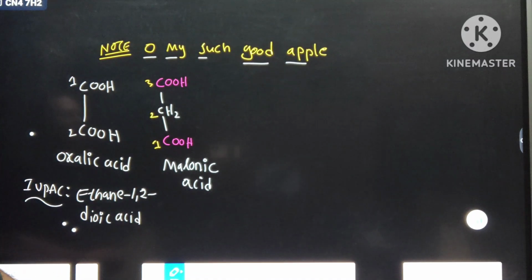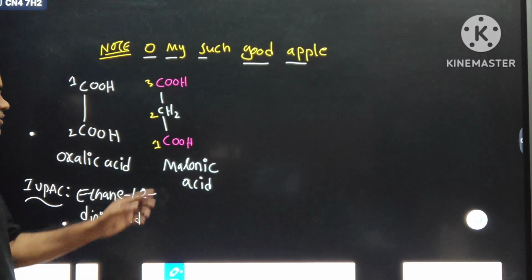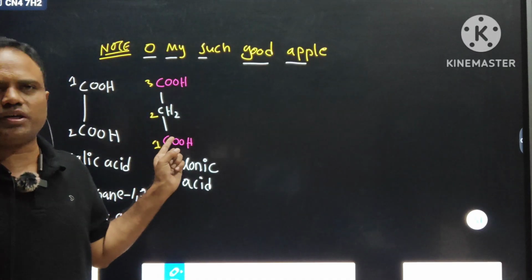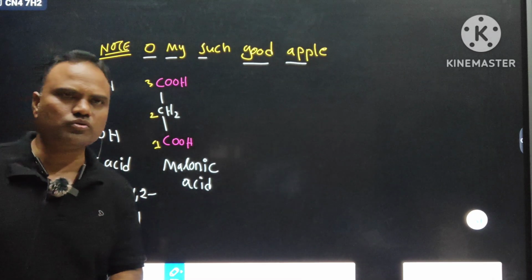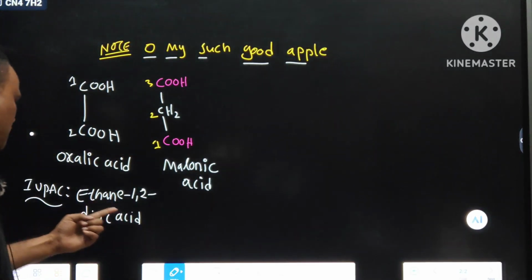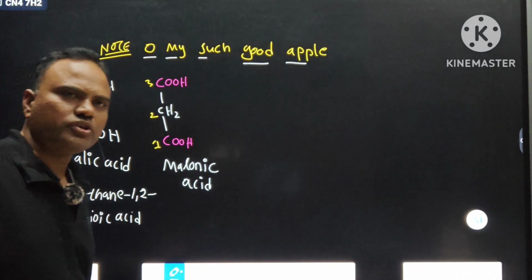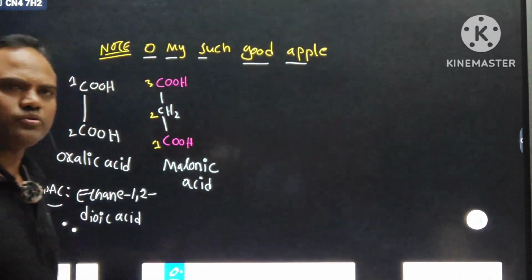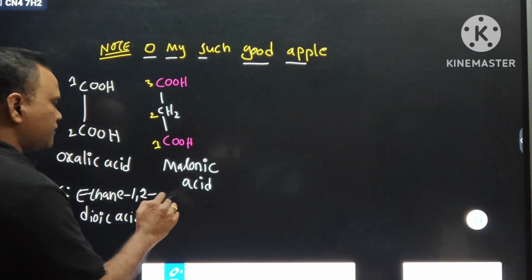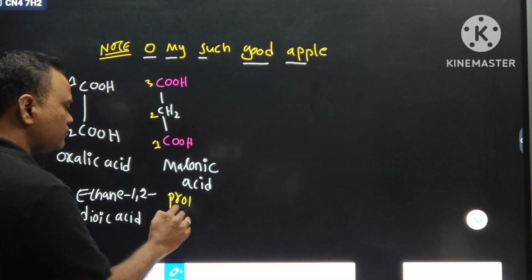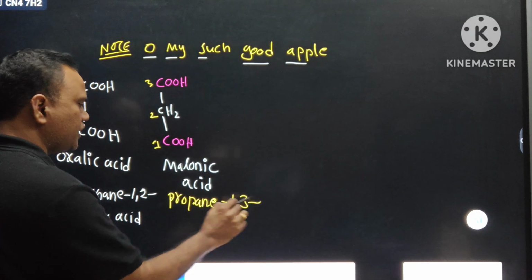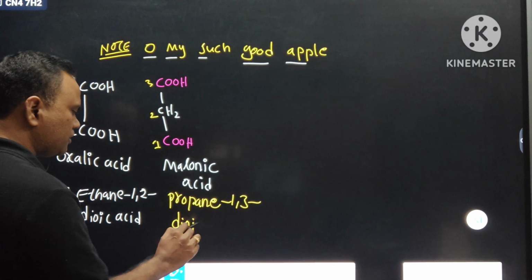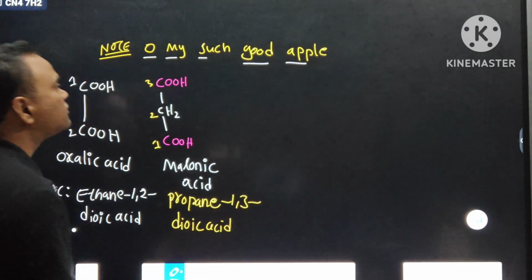Propane 1,3-dioic acid. Three carbons are there, propane, and at the first and third positions COOH groups are present, so 1,3-dioic acid. Common names are important and IUPAC names also.